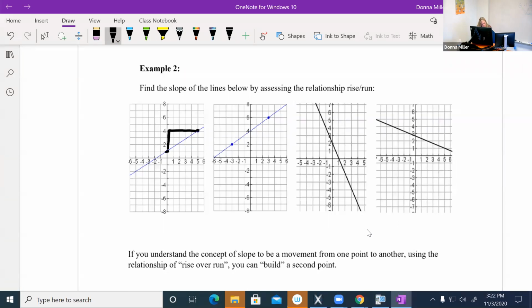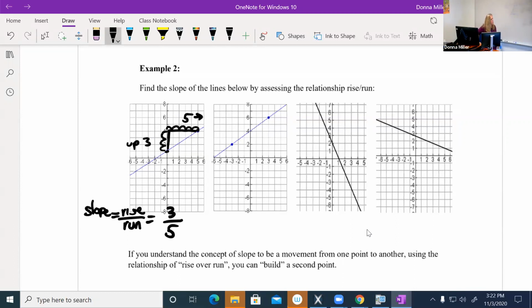Then I count. The rise is 1, 2, 3. I went up 3. And the run is 5, right? So I went 5 that way. So pretty much if I know that slope is rise over run, the rise was, I went up 3, and the run was, we went over 5. And I know that's positive because that line is going up. From left to right, the line goes up, so there's a positive slope.